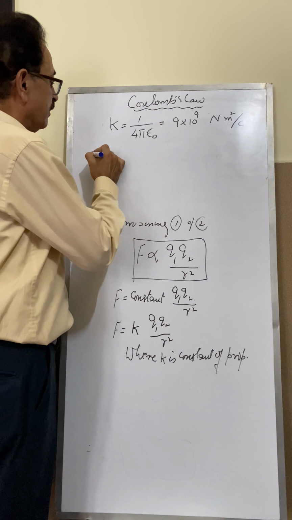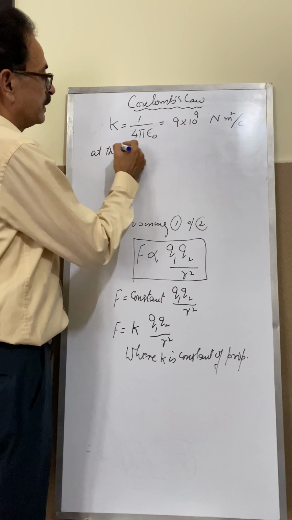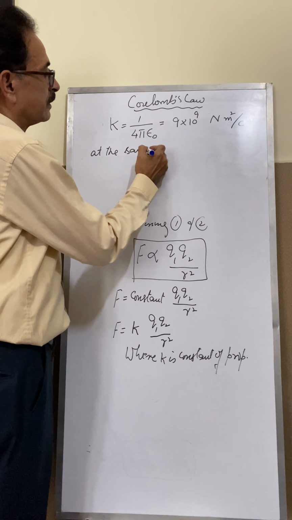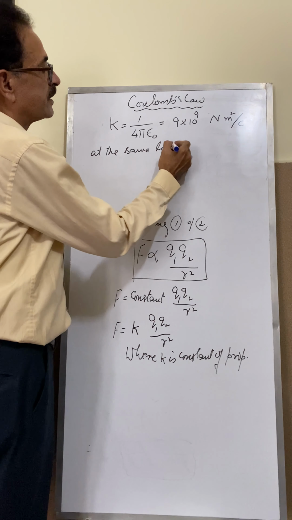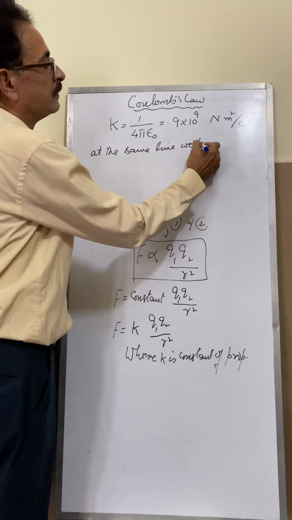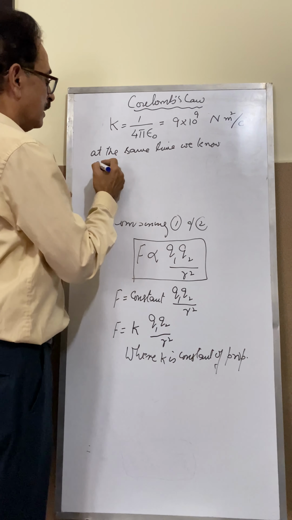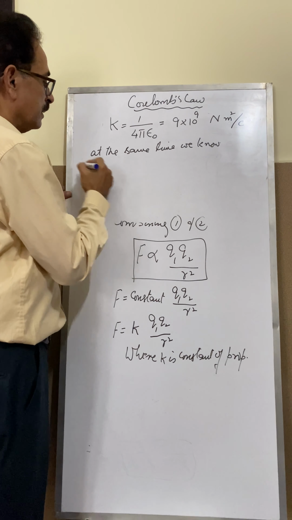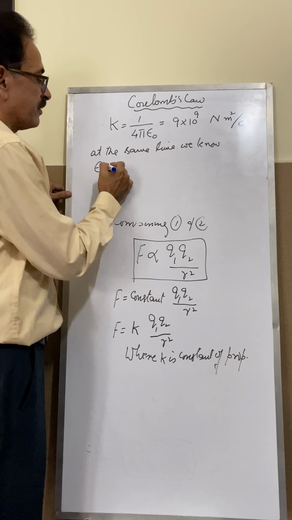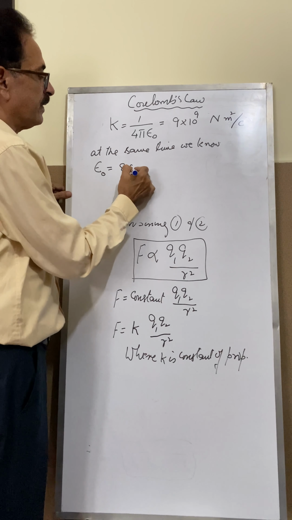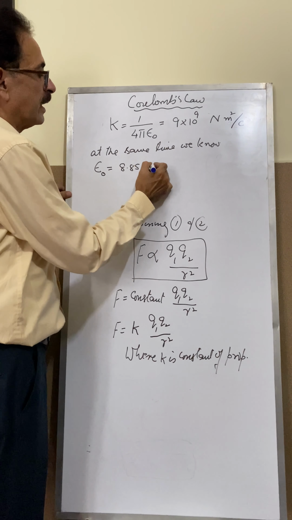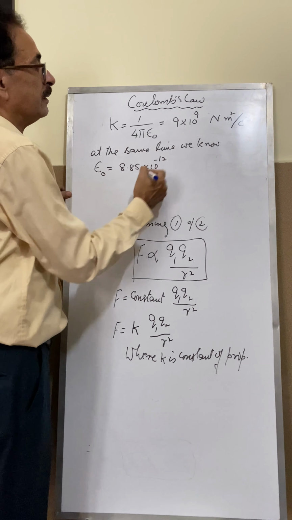At the same time, we know this epsilon naught has a value equal to 8.85 into 10 power minus 12.